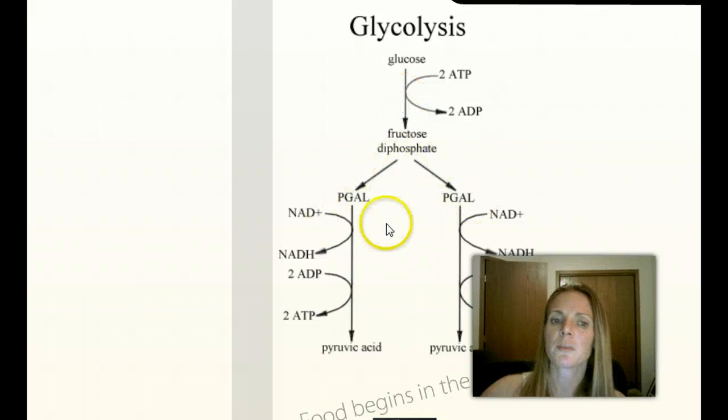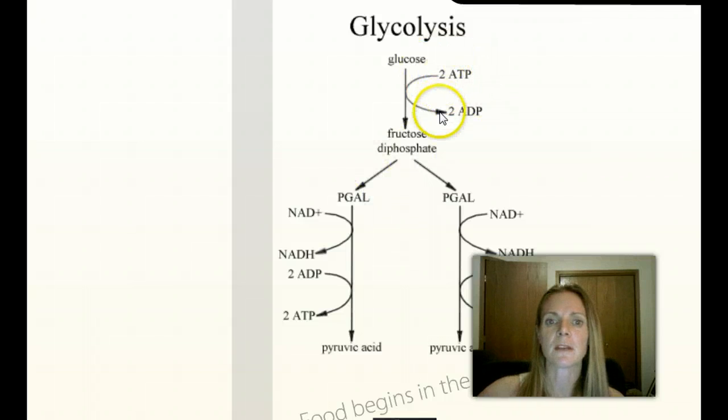And I'm not going to go into these specific names because I'm not going to test you on those, but I want you to know the overall what's happening in glycolysis, and what is produced is one of the big things. So you're using 2 ATPs, giving off those phosphates, and you're forming ADP, which is a lower energy molecule. Okay, all of a sudden you have fructose diphosphate, which splits off into these 3-carbon phosphate molecules, okay?